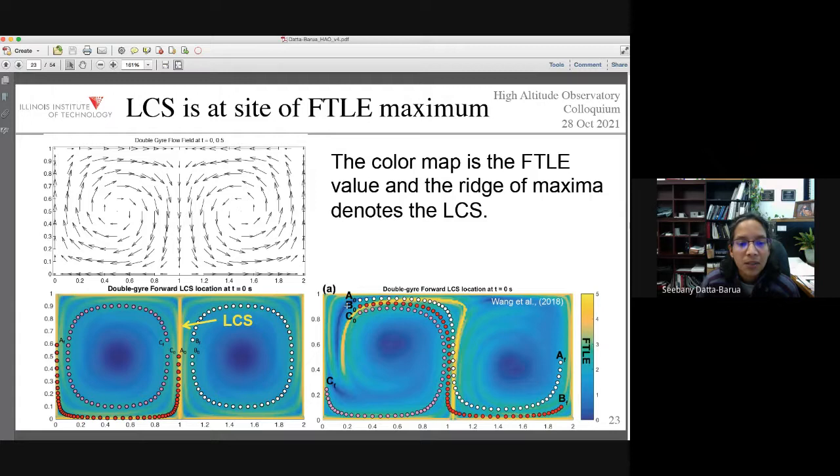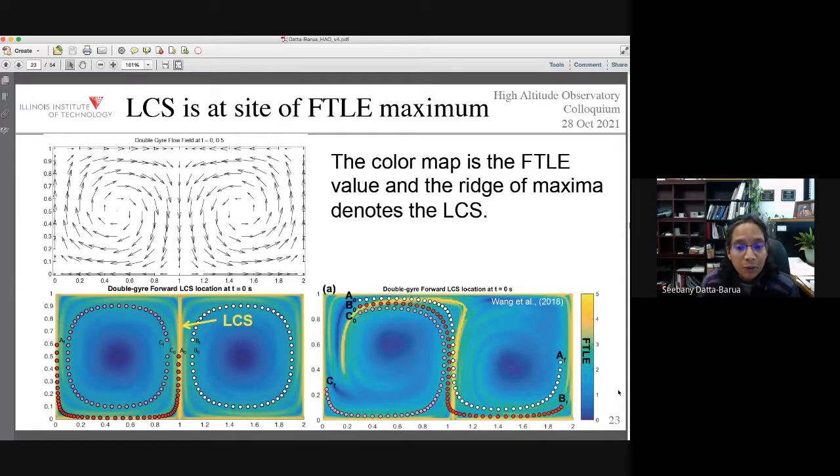And C is on the other side of the initial LCS, and it circles back around to the left. So what the LCS is showing you is that it's folding in the time varying information as well to tell you about where material is going to be or not going to be transported. So it's showing us how B naught and C naught are really separating quite a lot in this example.